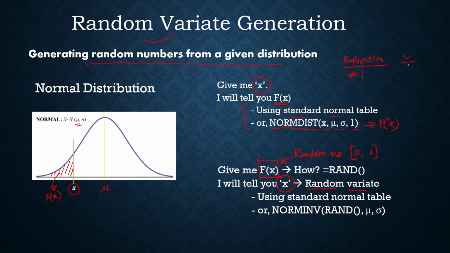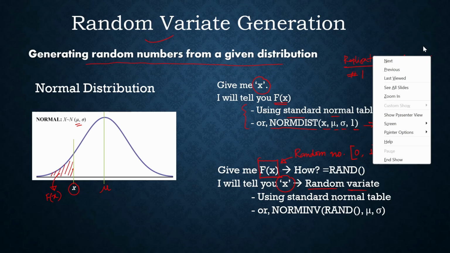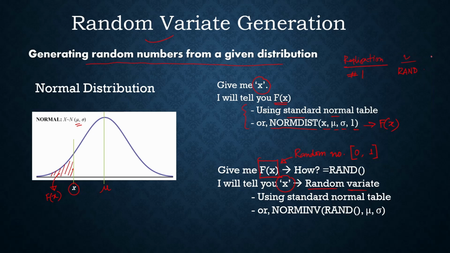V, right? So the first variable was V, and therefore there will be a random number for V, and you have a particular distribution of V. Using this random number you will get a value of V, suppose V1.